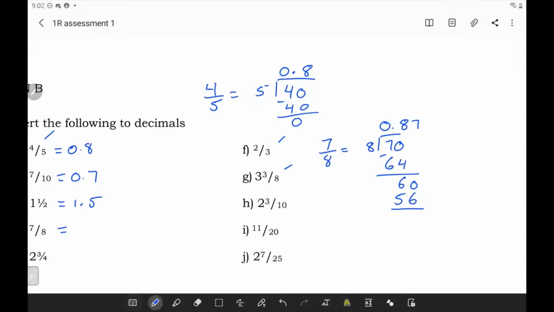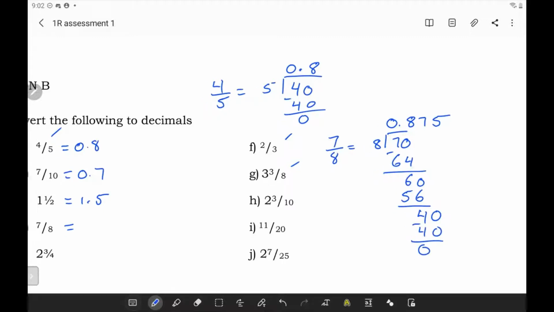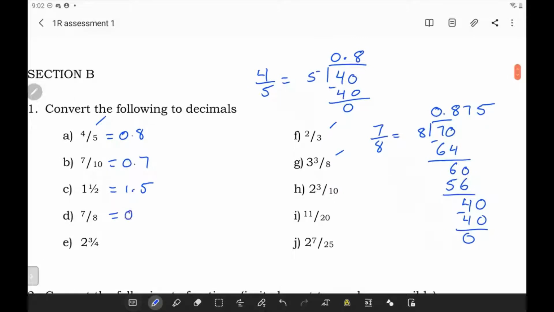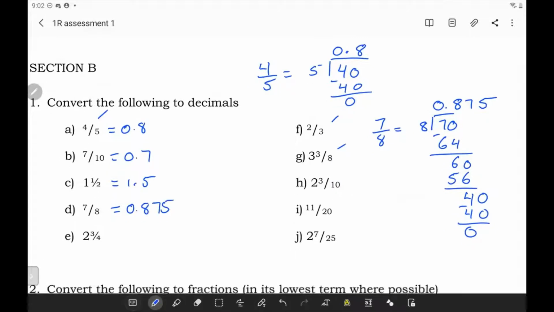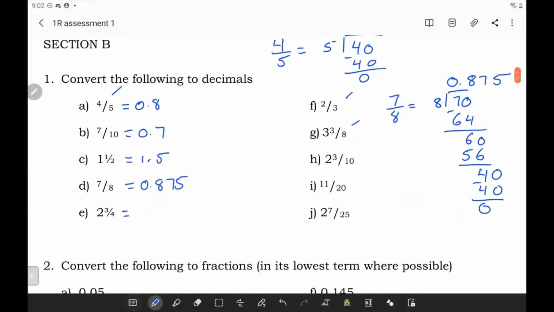So when you do the subtraction, you get 4, then the 0. 8 into 40, that is 5. 5 8s are 40, so we are finished. We get 0. So this will be 0.875. E will be 2.75.